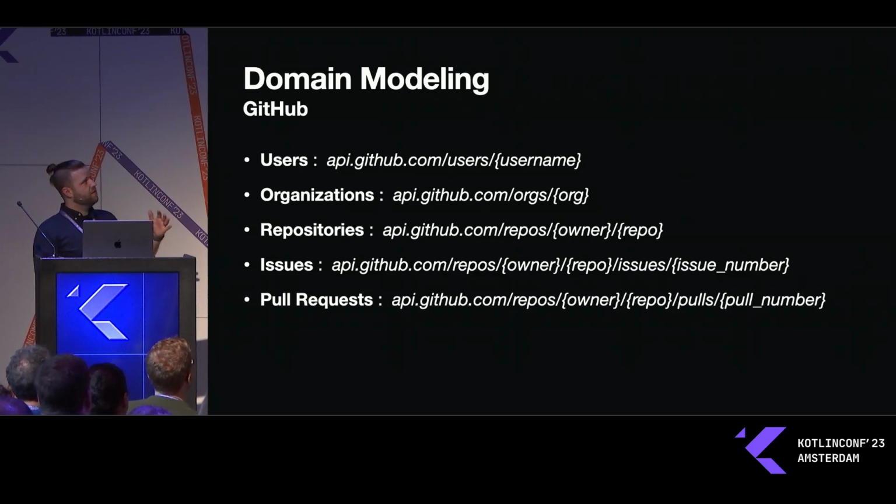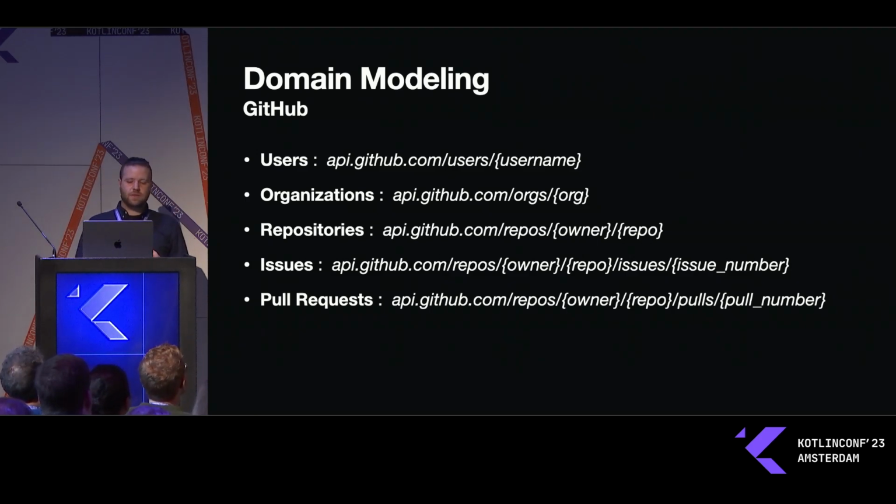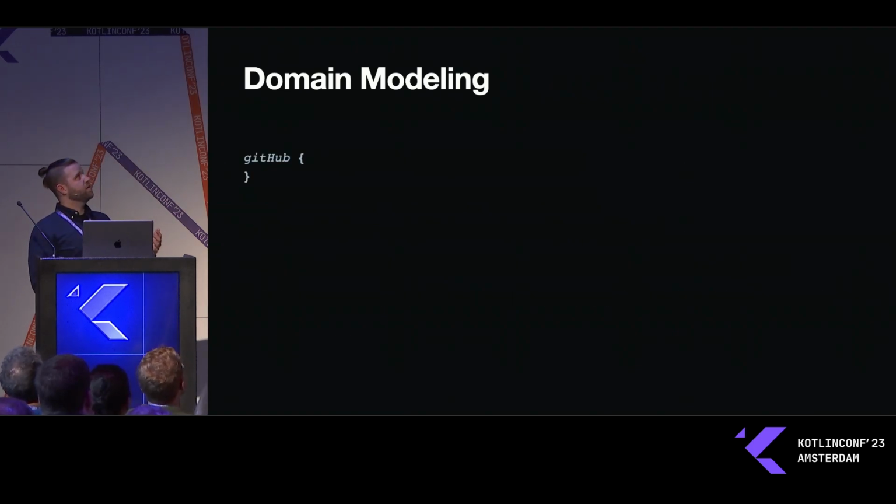So we can see from the URL paths what kind of structure we have for ownership of these different entities. And we can start to build a DSL, maybe in a Scratch file or something, that models what we want this to look like. We might start with some GitHub top-level function.